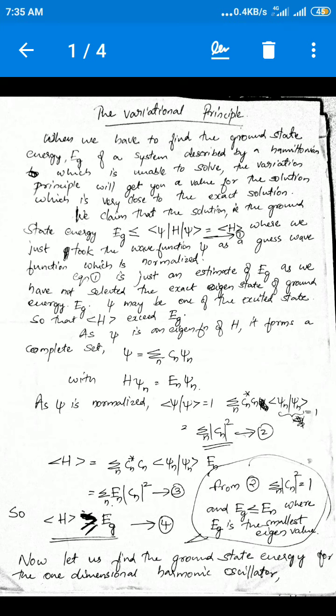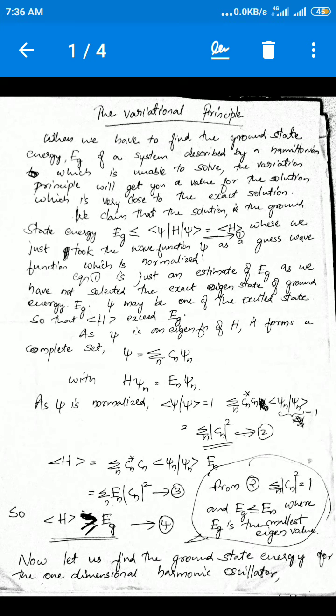If you do the variation principle, it will get you a value for the solution which is very close to the exact solution. We don't know whether it is the exact solution, but it should be very close to it. We will do that in an example. For now, just understand the principle we are using.